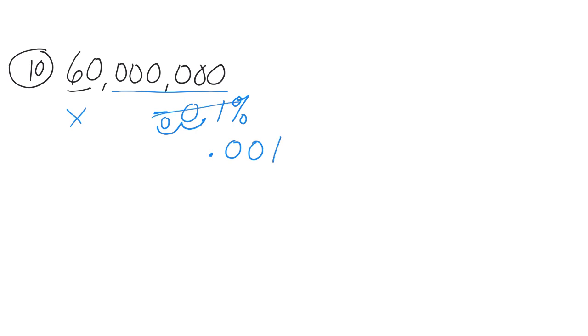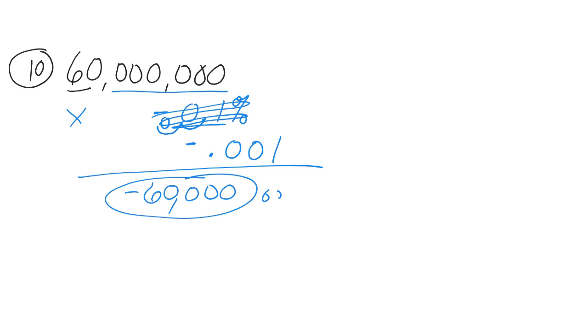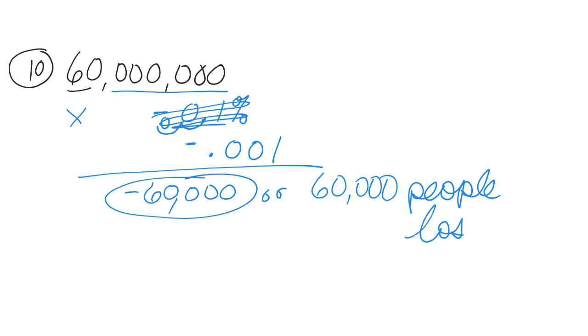So you can multiply this instead by 0.001. And it's a negative. Don't forget the negative. So our answer is going to be a negative 60,000. And so it's either negative 60,000 or you could say 60,000 people lost. And so either answer is fine.